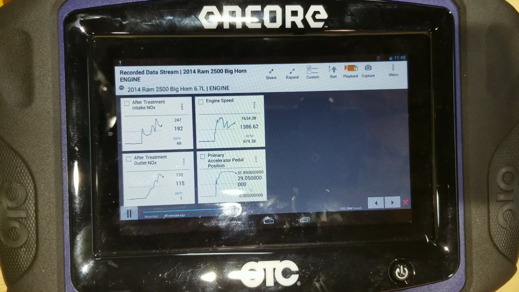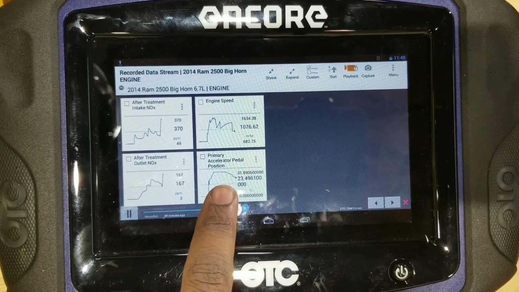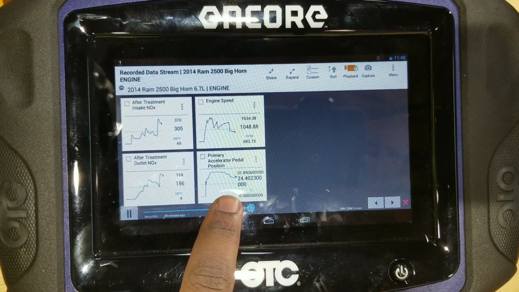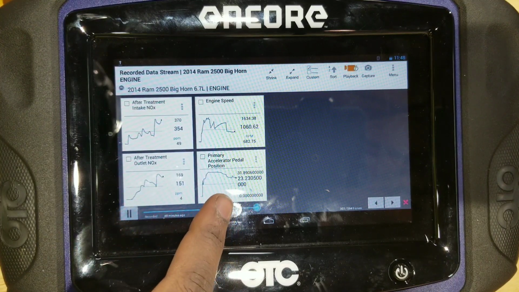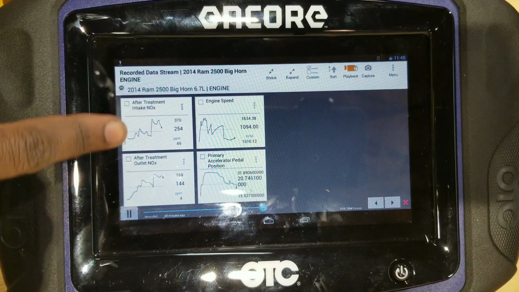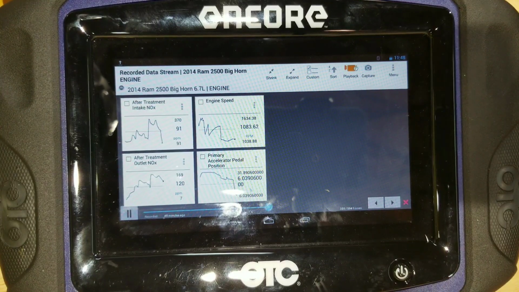So it looks like about a 50% reduction in pollution. As you can see, my foot here is slowly coming off the accelerator, and right now I'm kind of in a steady position, but you can see there's pretty much a 50% reduction in pollution at the output there.